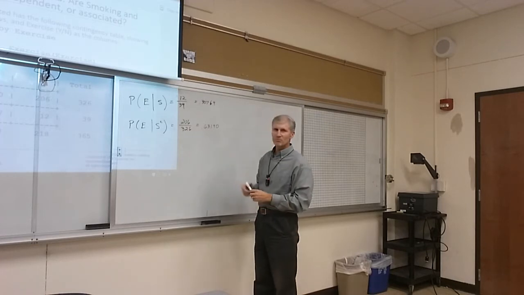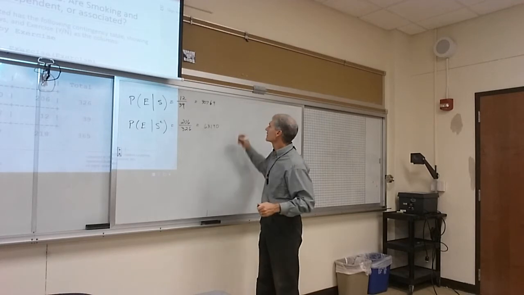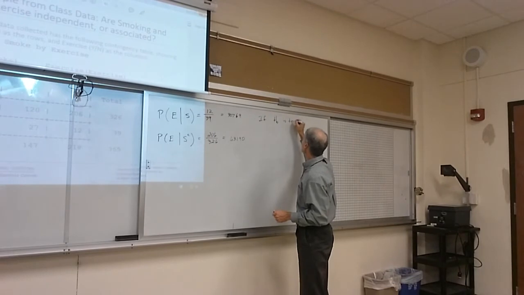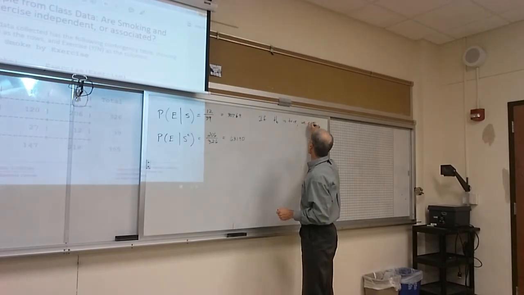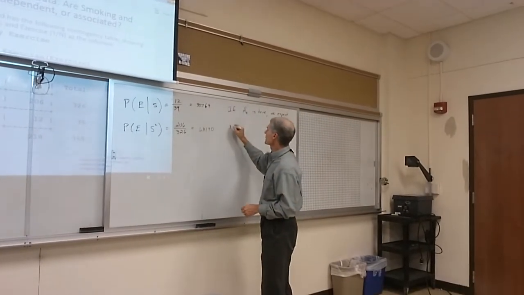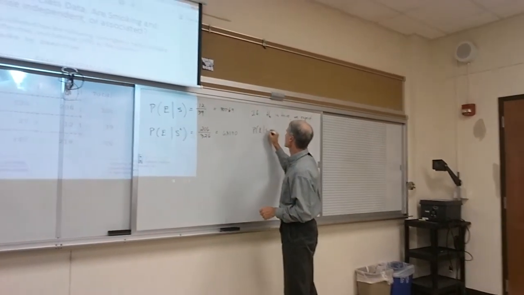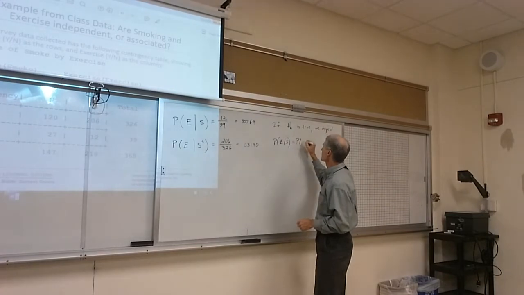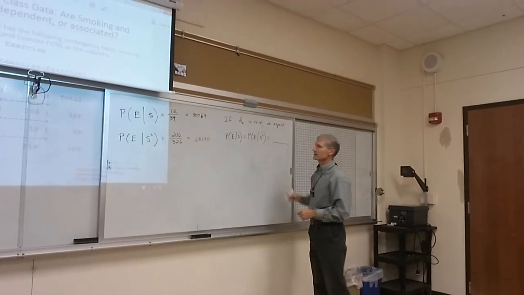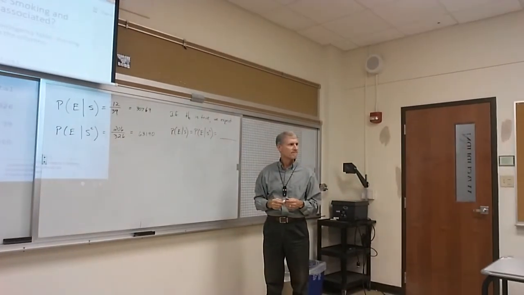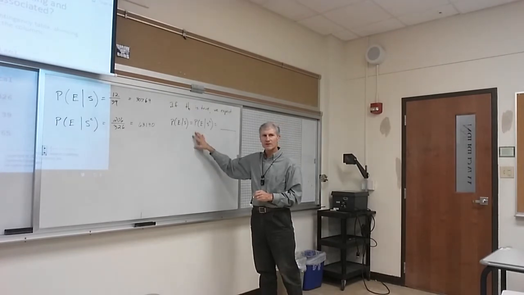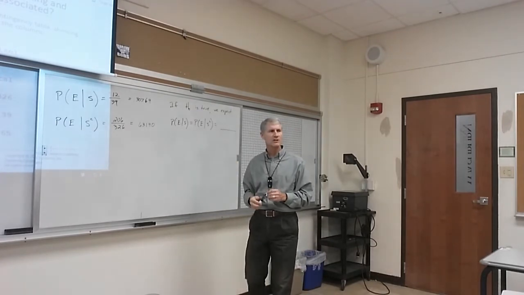So if null is true, we would expect to see that the probability of exercise given they smoke is equal to the probability of exercise given they don't smoke, and that's equal to what? They have to be the same as each other, but also, what's that value going to be?